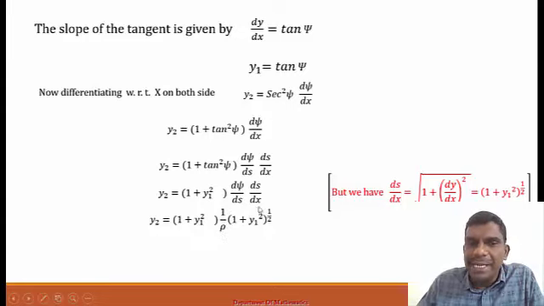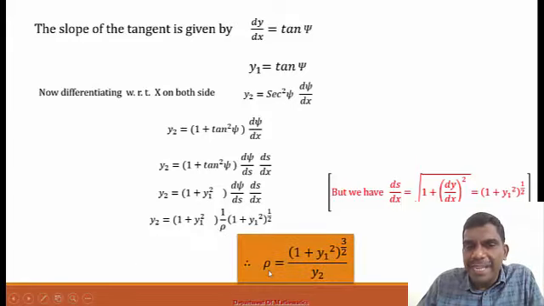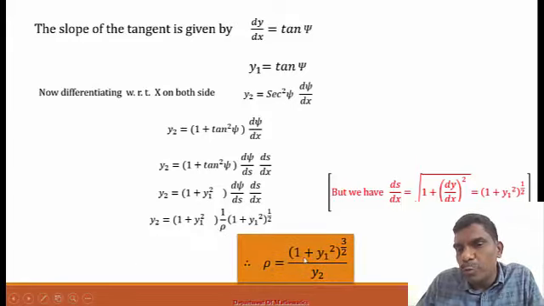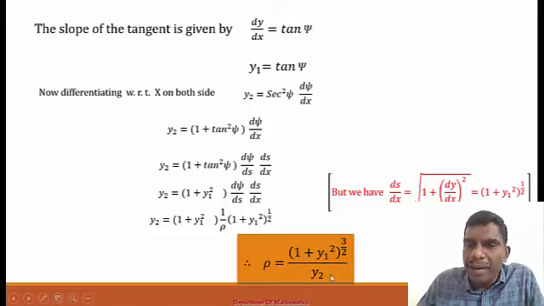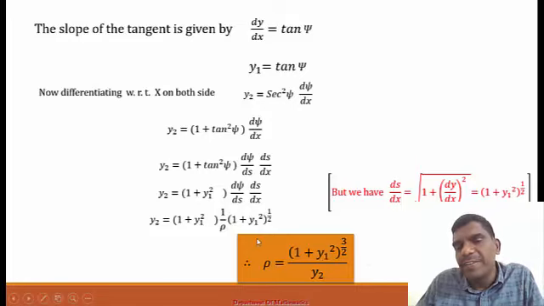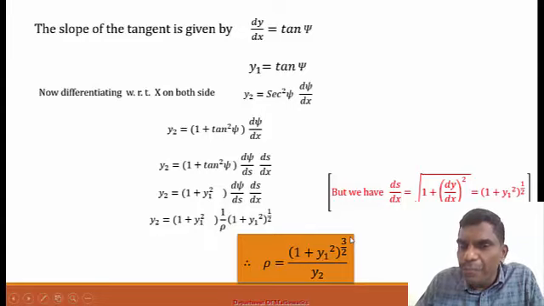And ds by dx is equal to (1 plus y1 square) whole to the power of half. After simplifying, for the radius of curvature we get rho equal to (1 plus y1 square) whole to the power of 3 by 2, whole divided by y2. This is the expression for the radius of curvature in the Cartesian form, and this formula is very useful and very important when you are finding the radius of curvature for Cartesian curves.